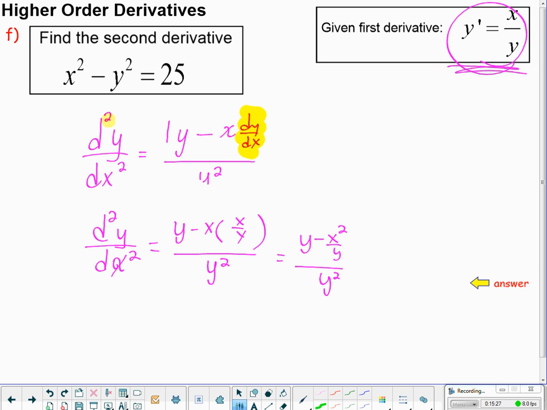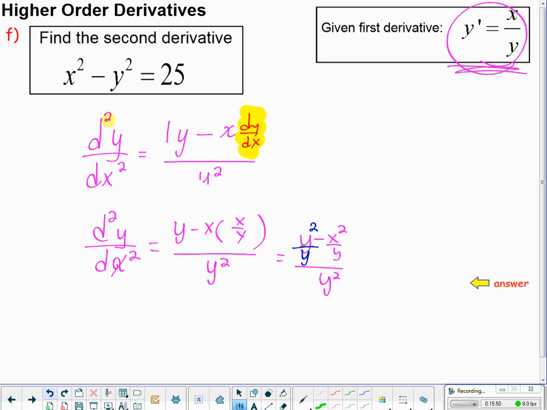Once again, I would love to join these two together. Right now it's y over 1. We want to change it to a denominator of y. In order to do that, I got to multiply by y over y, don't I? And y times y on top makes a y squared over y.